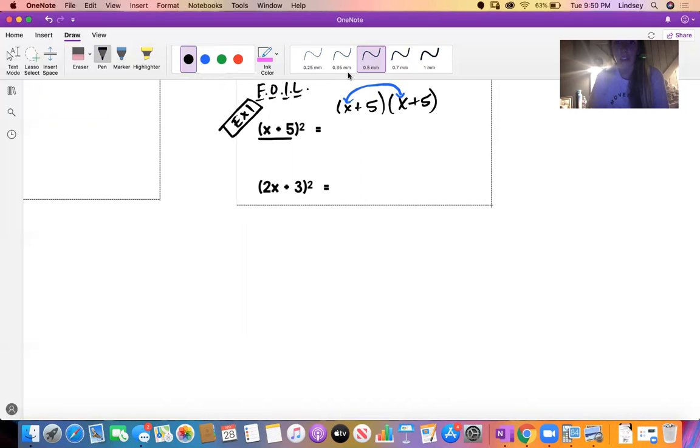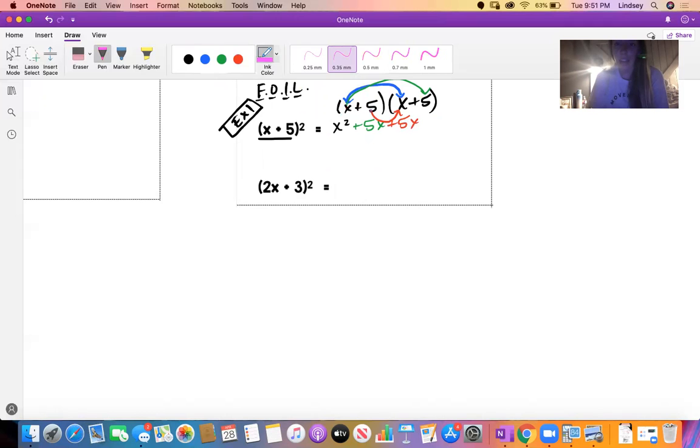So that's going to give me x squared. Then I have outer, so I have my x times 5. So x times 5 would be 5x. Remember, coefficient always goes in front of your variable. Then I have inner: 5 times x would be 5x.